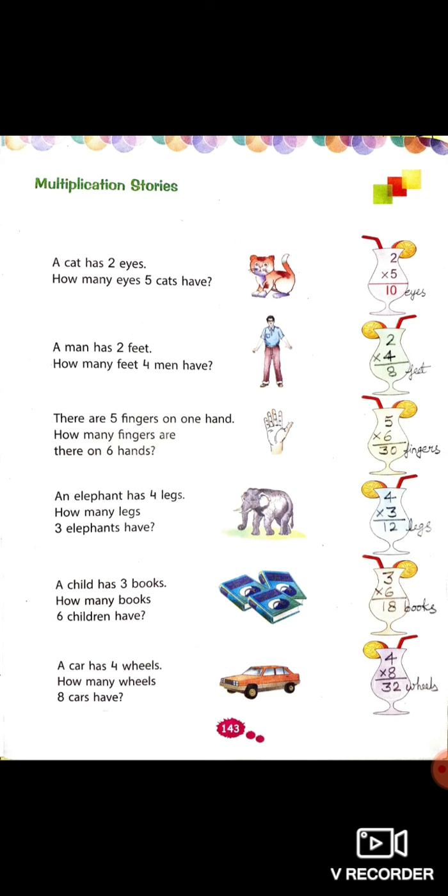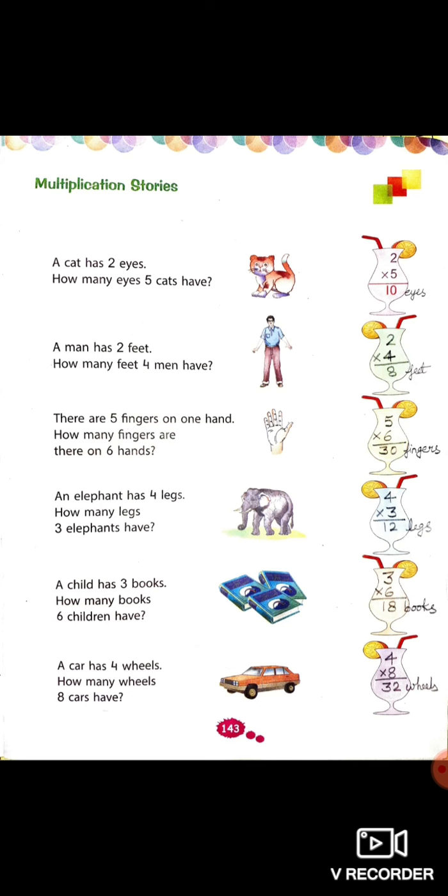Okay. Now in the next picture you can see some books. A child has 3 books. How many books will 6 children have? So here information about one child is given, that one child is having 3 books. Here you have already learned that multiplication is repeated addition.